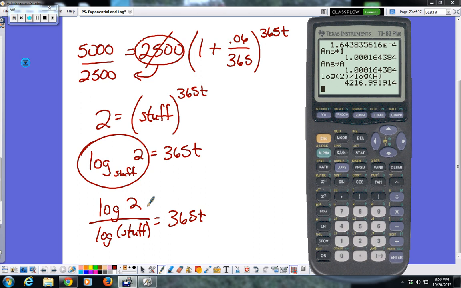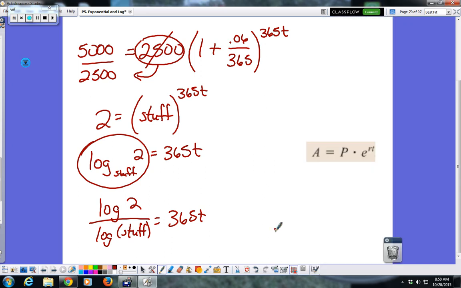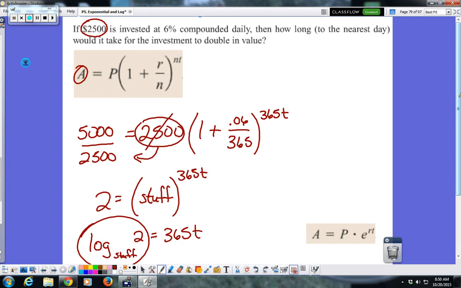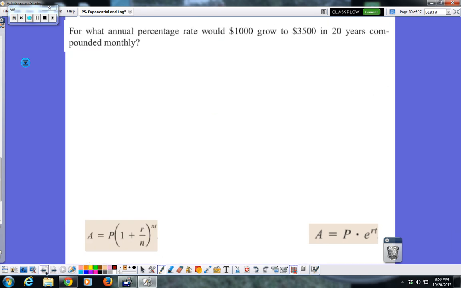I have one last step, Jordan. What do I now have to do to get t by itself? Divide by 365, enter. 11.55 years. So it would take 11.6 years. It would take 11.6 years for 2,500 to grow to the 5,000 that I'm looking for.